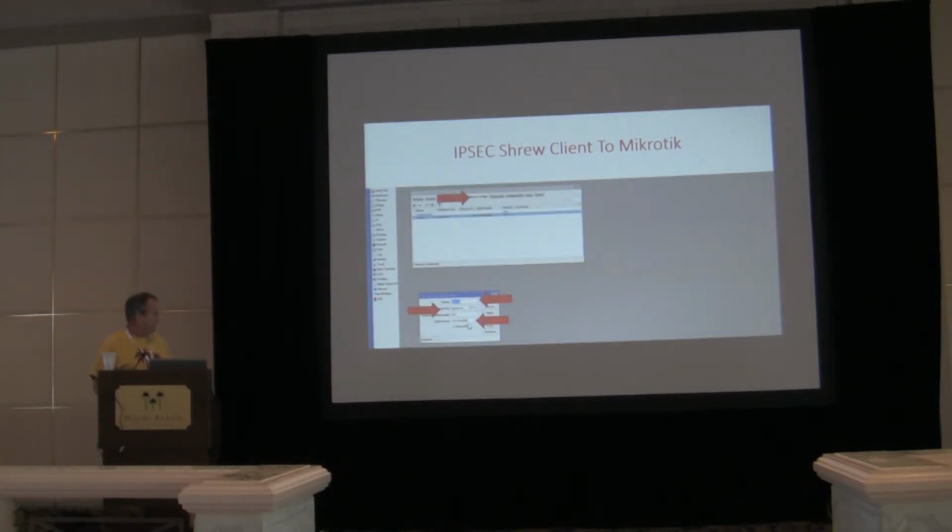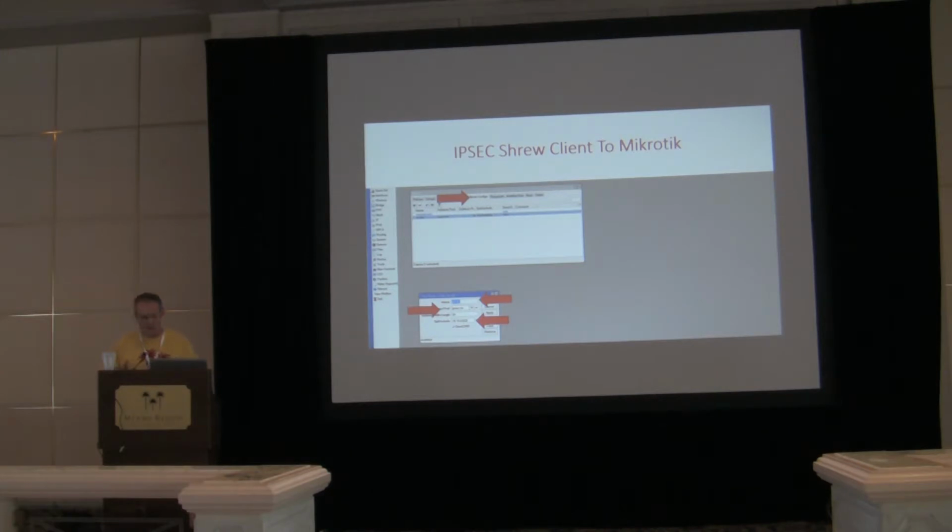Same thing here. We're just doing configure our mode configs. This is the split includes. This is your remote subnet that you want to reach on the other end. At your head end, you may have multiple subnets at that home office, and you only want this remote client to access one of those subnets. That's where you'd specify it here.